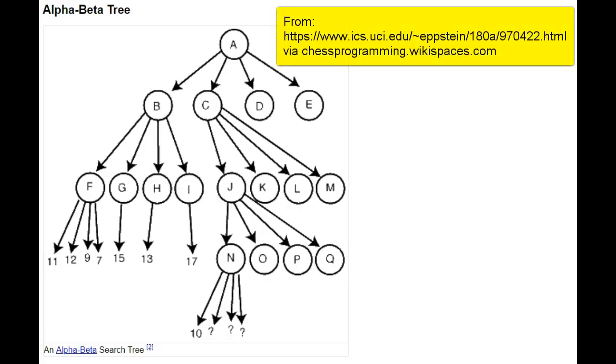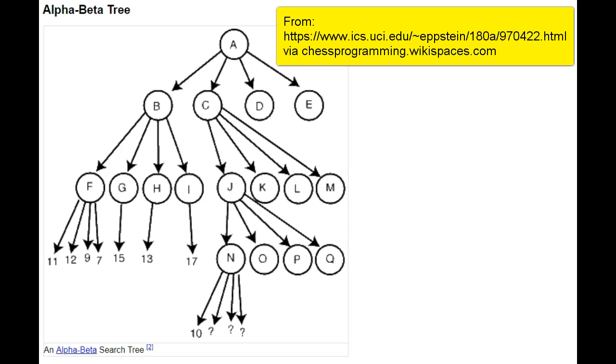So we will look at this AlphaBeta tree. It's something I copied from the chess program wikispace.com. That site will disappear, but it will move somewhere else. A is the root position, the root node. That is the position we are analyzing. A has 4 moves.